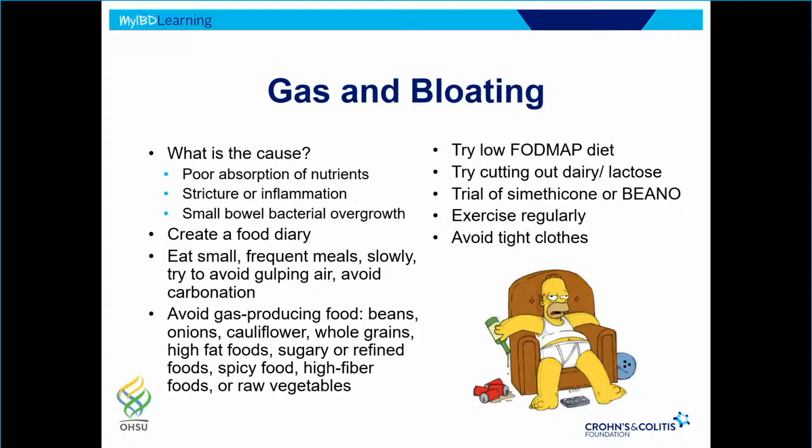Cutting out dairy and lactose. And then there are some over-the-counter medications that sometimes can be helpful, like simethicone or Beano. Eating small, frequent meals slowly and avoiding gulping air and avoiding carbonation. So these are just some things to start on, but again, being a detective for yourself and trying to figure out what may be helpful in terms of managing these symptoms.